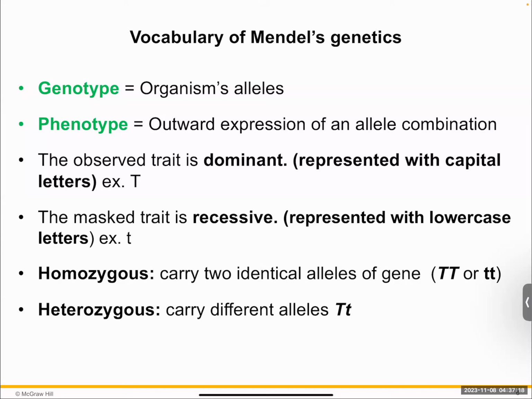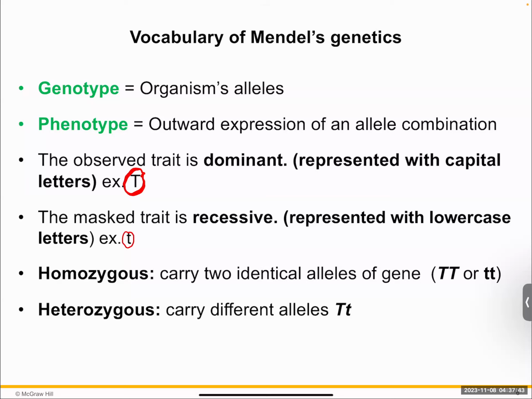Anytime we want to represent a dominant allele, we represent it with a capital letter, for instance, in this case, T. And if you have a recessive gene, which is the one that is masked or overshadowed by your dominant allele, we will represent that with a lowercase letter, in this case, t.